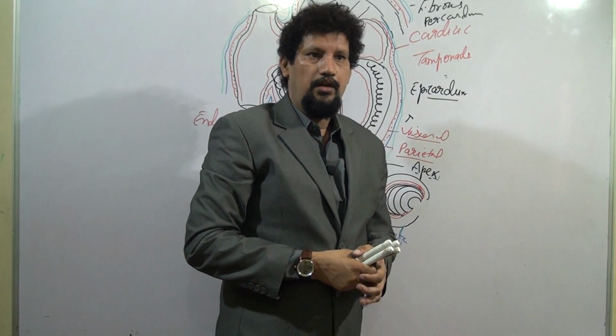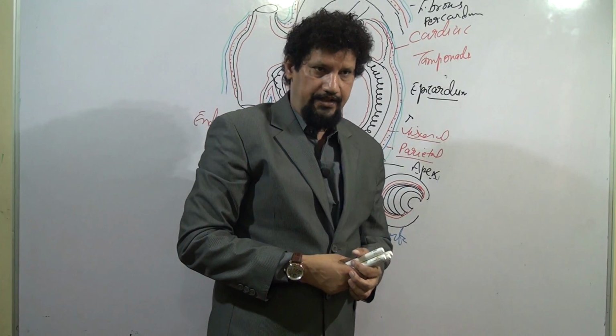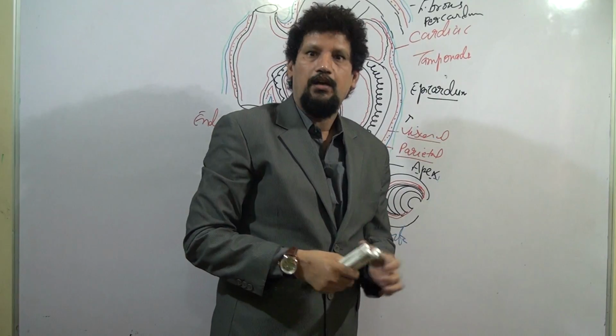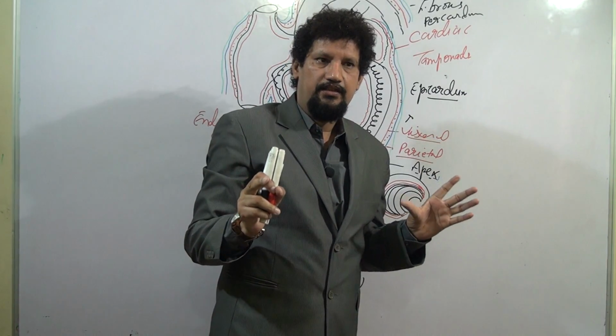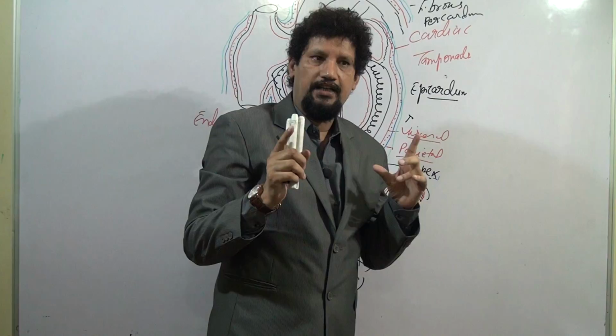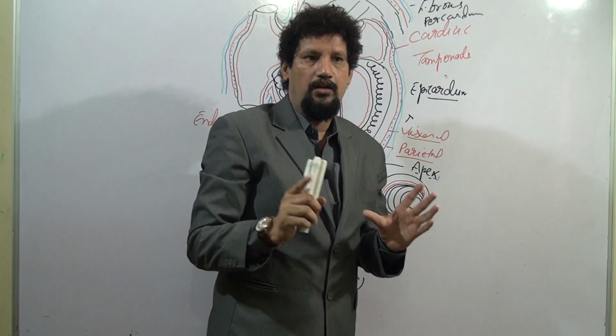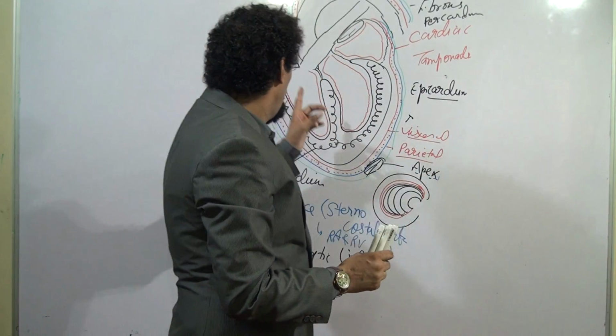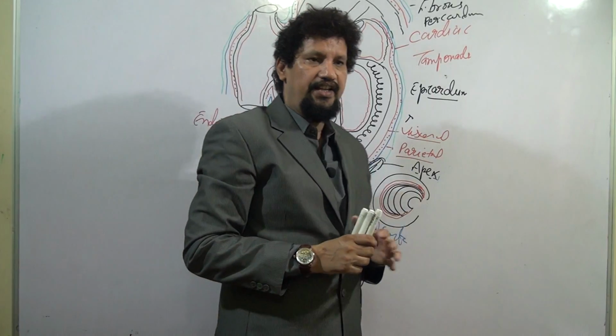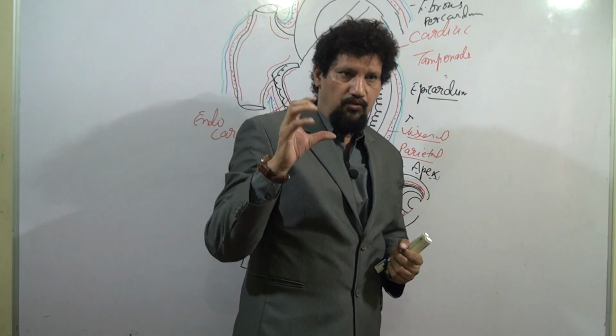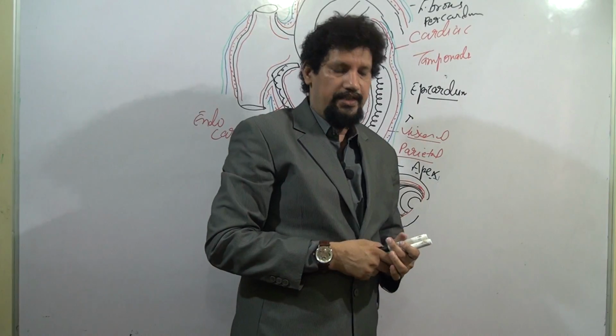First of all, I will explain the right atrium of the heart. One very peculiar feature of the right atrium is that it has the thinnest walls of all four chambers.